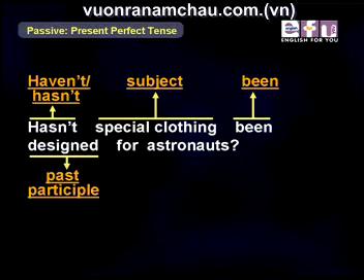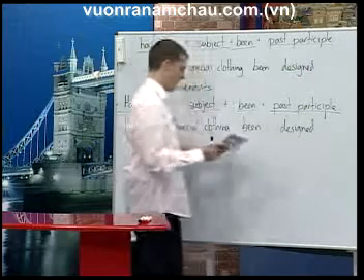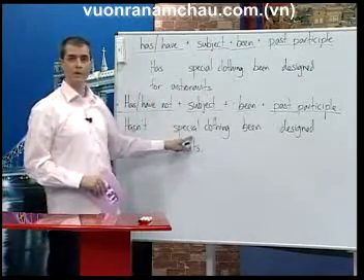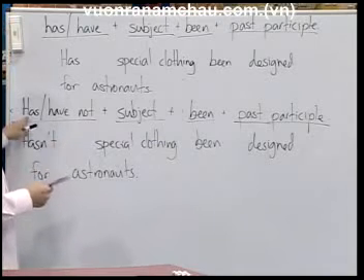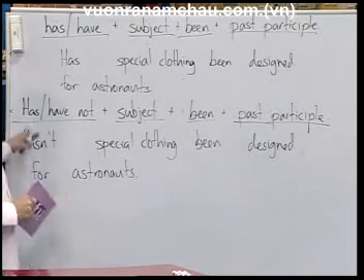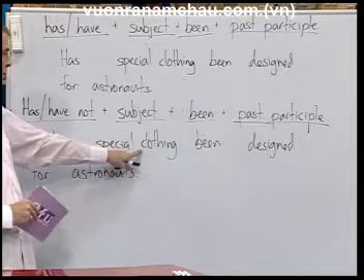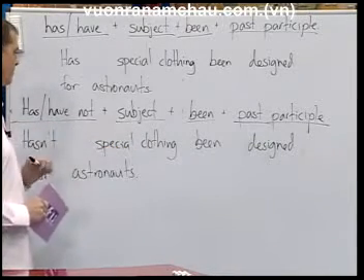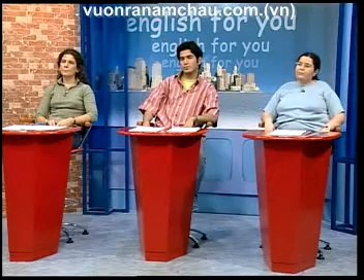Hasn't special clothing been designed for astronauts? Now, again, as usual, the passive voice subject tells us if we use the singular or the plural negative. Has for the singular. Special clothing is one uncountable noun, so hasn't, or if it was plural, have not.